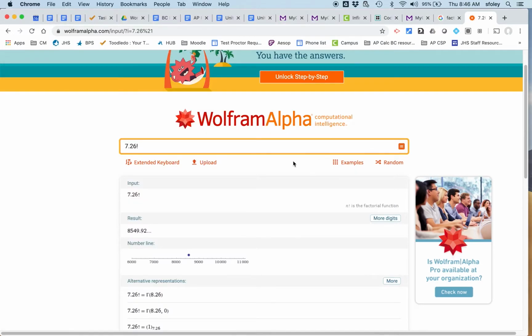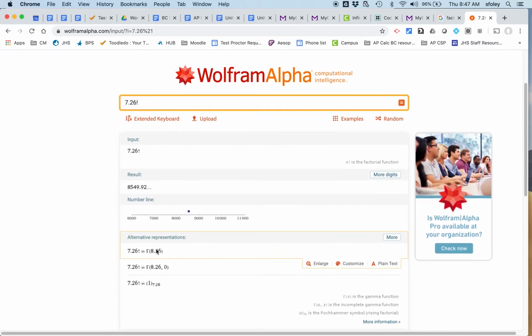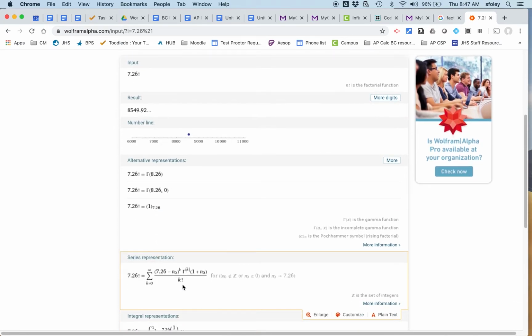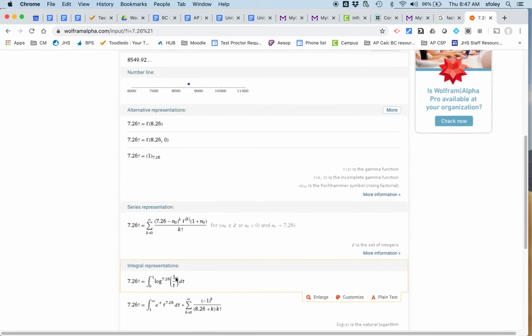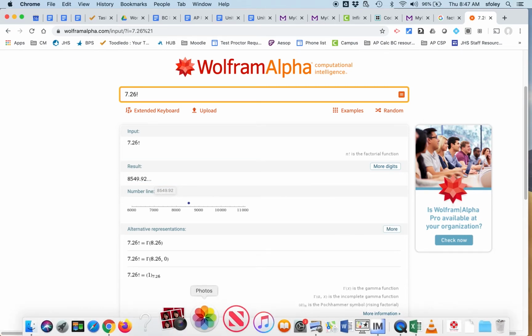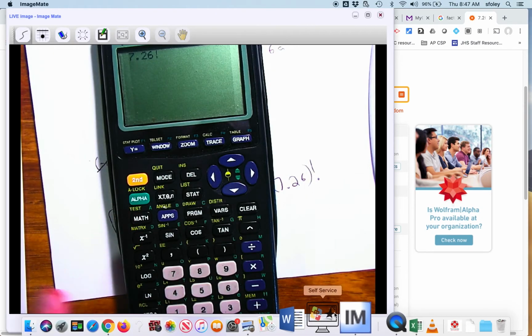And so I'm going to switch over to Wolfram Alpha here. And Wolfram Alpha is smart enough to extend it to these other functions. It does the improper integral. It uses a series representation, and it's able to figure out the answer is 8,549.92. I assume the decimal keeps going. And of course, as you would hope, let's pull up my calculator again.